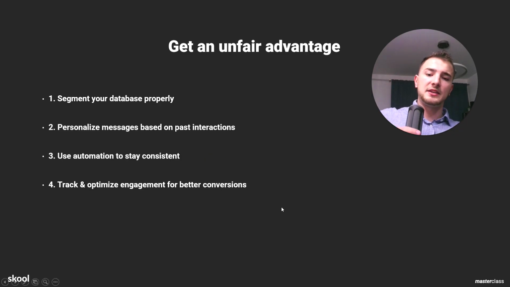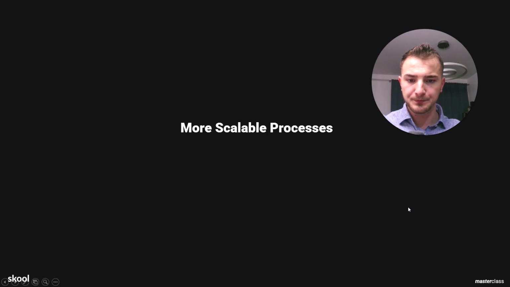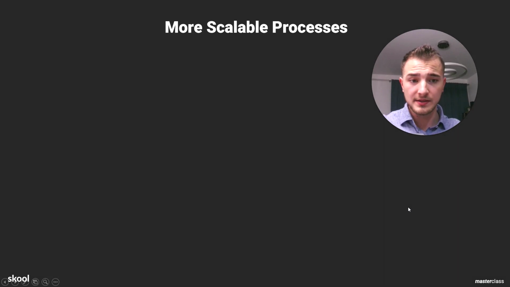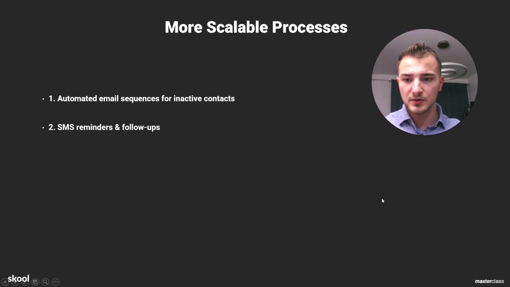Track and optimize engagement for better conversions. This is also really important. And how can you scale it? Automated email sequences for inactive contacts, the ones that I have just talked about.